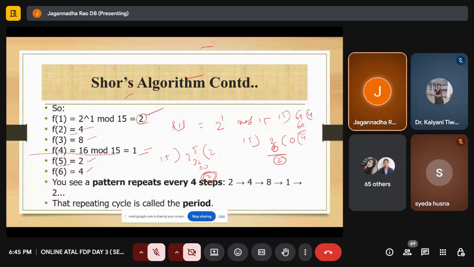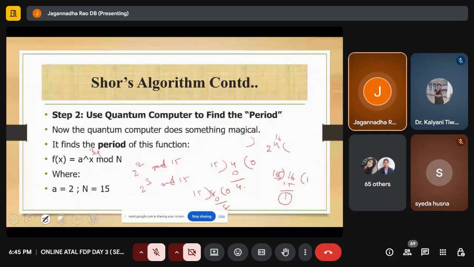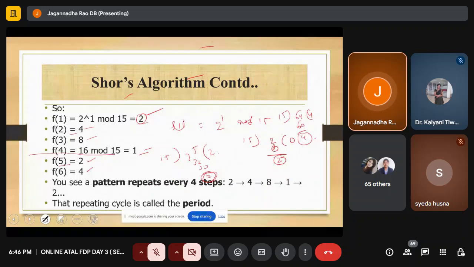Just see what happened here. First, you take one example. In this example, f of x equals a power x mod n, with f of 1, f of 2, and so on, going up to a continuous cycle. Once the cycle is completed, you can leave it. So f of 1 has remainder 2, f of 2 remainder 4, f of 3 remainder 8, f of 4 remainder 1. That's all.